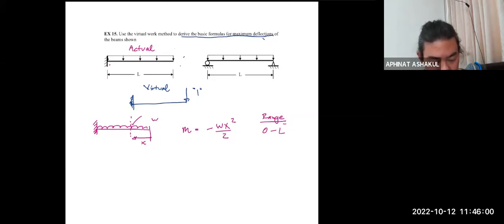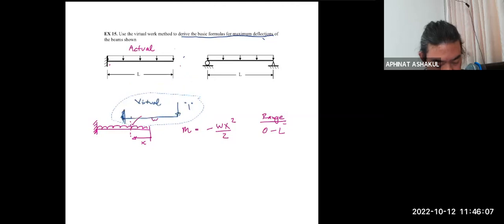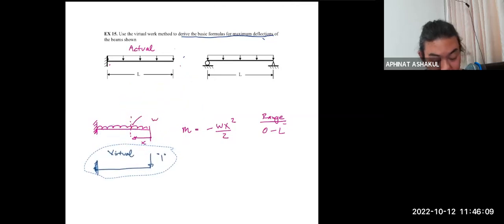Now, I move my virtual load case here. Can you believe that? The lengths are equal. Excellent drawing, right? So anyway, I'm sorry, this is the actual load case, so this one should be the big M. The next one is the virtual load case, so we should use the smaller m.